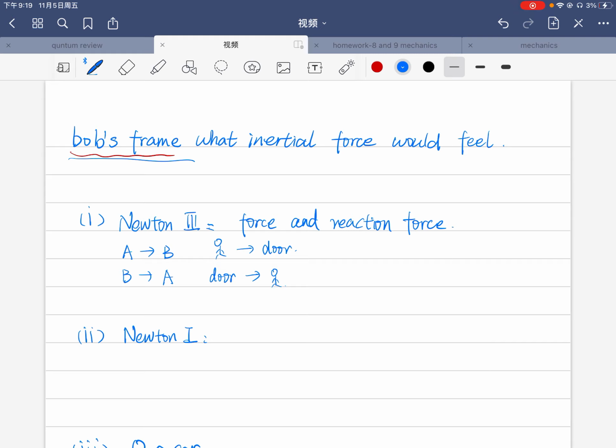So this is force and reaction force, and only under these conditions will it be subject to Newton's third law.